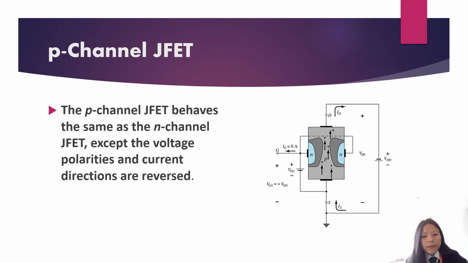The P-channel JFET behaves the same as N-channel JFET except the voltage polarities and current directions are reversed. The only difference between them is that in N-channel JFET, the current is carried by electrons, while in P-channel JFET, it is carried by holes.